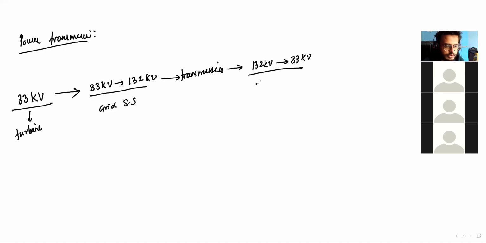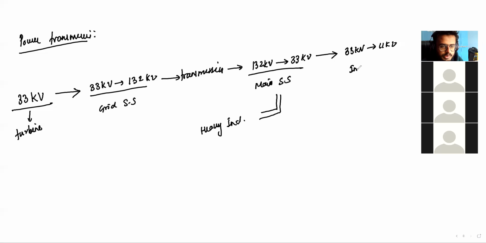Some part of this 33 kilovolt goes to heavy industries, and the remaining goes to another substation known as the intermediate substation, where 33 kilovolt is converted to 11 kilovolt. Then this goes to small factories, small industries.